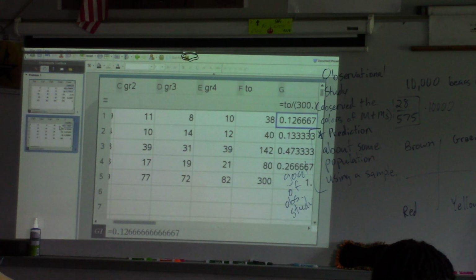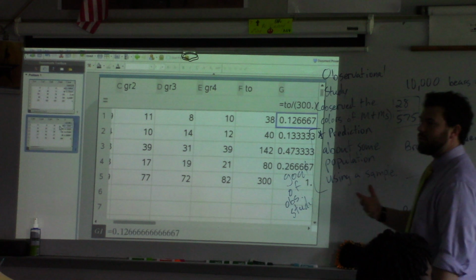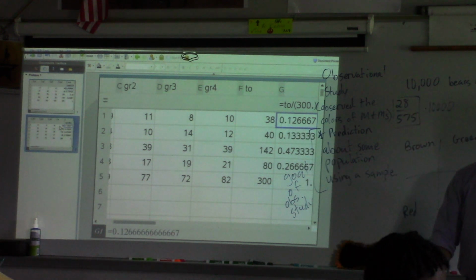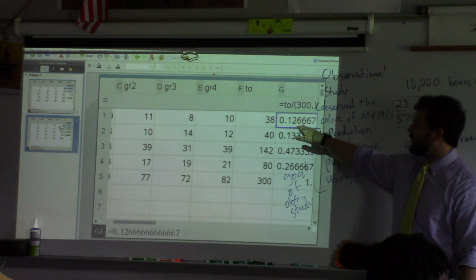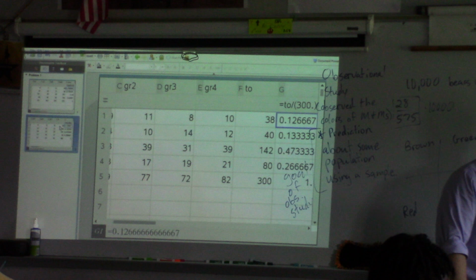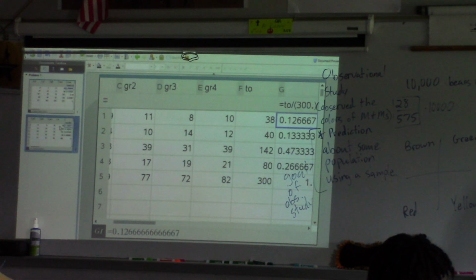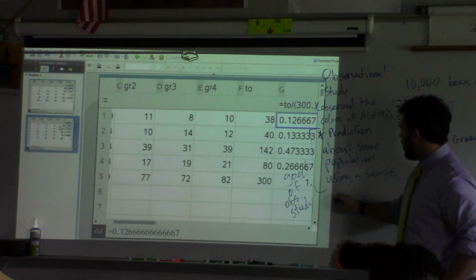What was the percentage of brown M&Ms originally? Roughly 0.05, so 5%. Looking at all of ours now, what do we really think it's supposed to be? 0.12, 0.13, so roughly 13%. So was our original sample anywhere close to what it was actually supposed to be? No. That's because of an issue called bias.